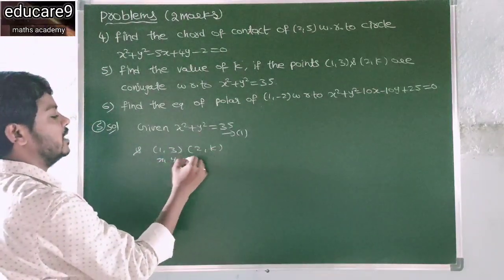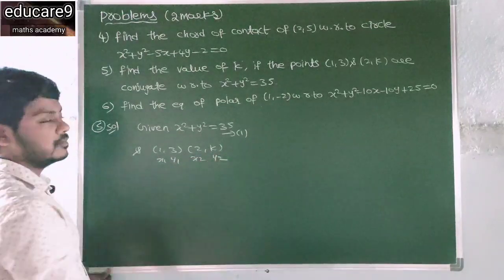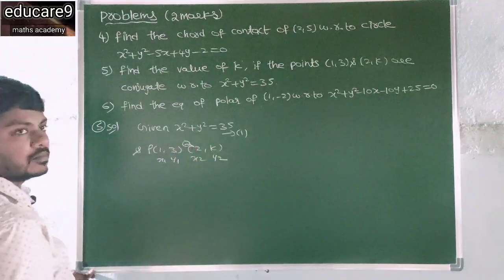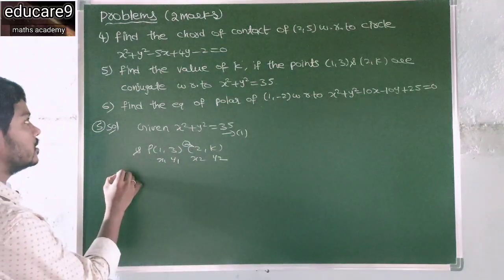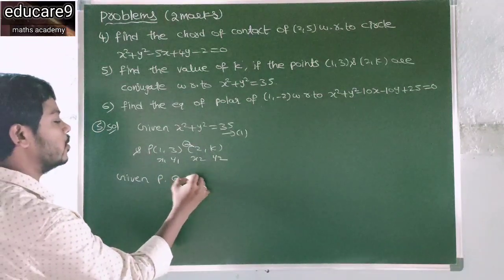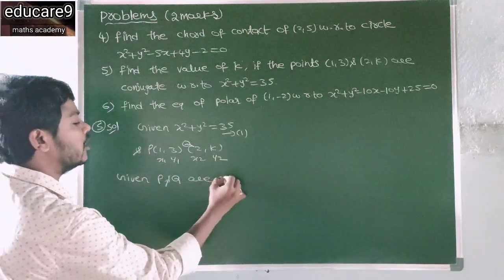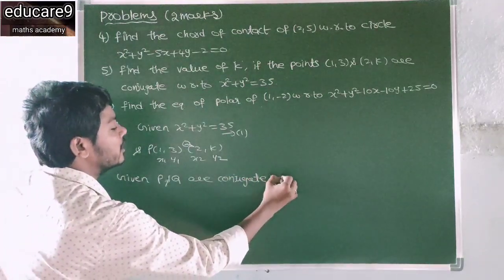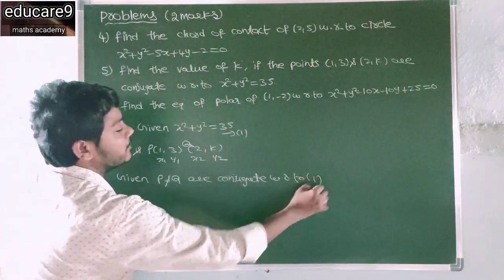This is x1, y1, x2, y2. Suppose this is P and this is Q. So given P and Q are conjugate with respect to circle 1.